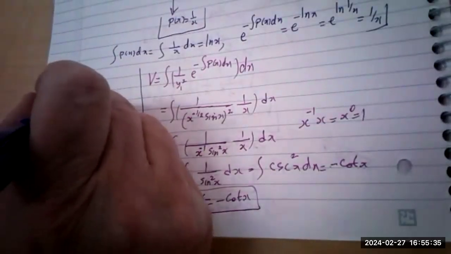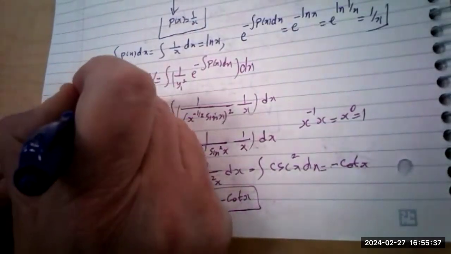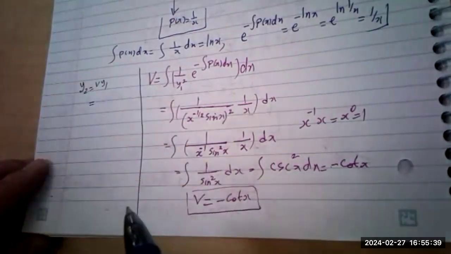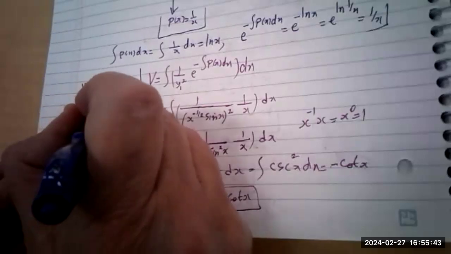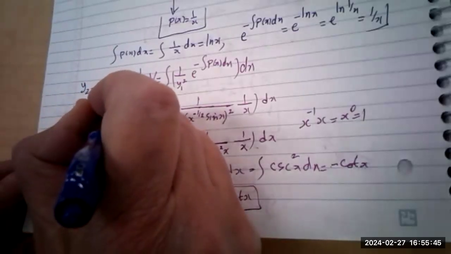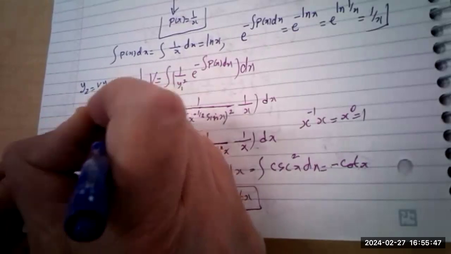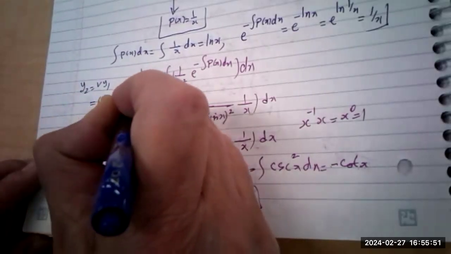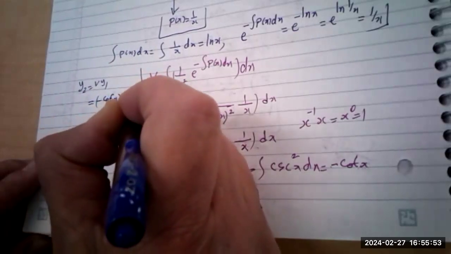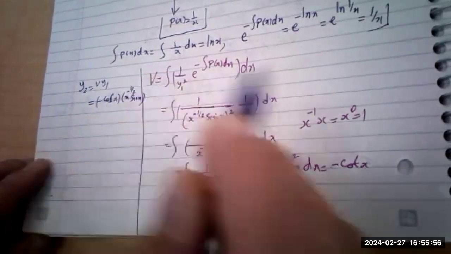What is y2 equal to? It's v times y1. The v is negative cotan of x, and y1 is x to the negative 1/2 times the sine of x.